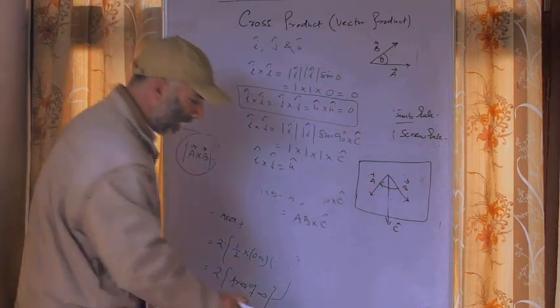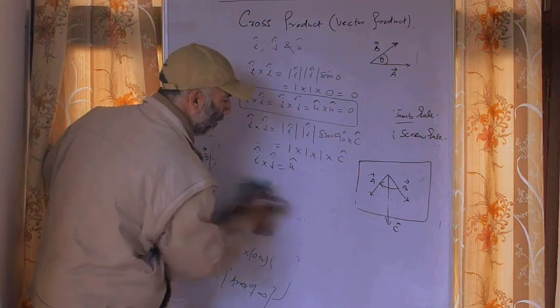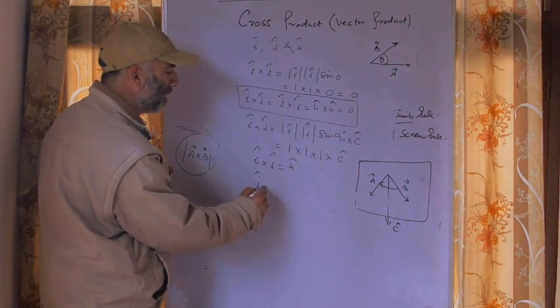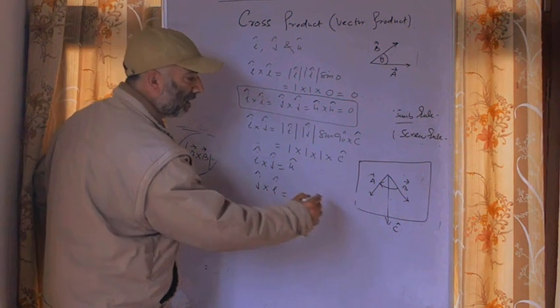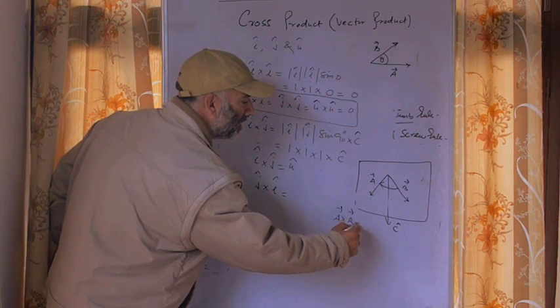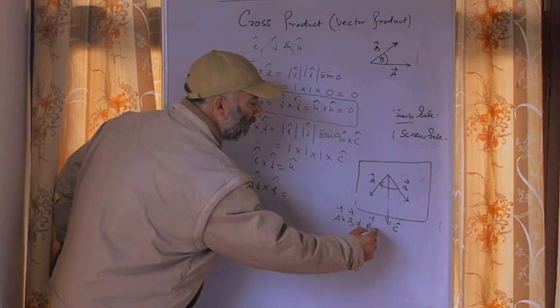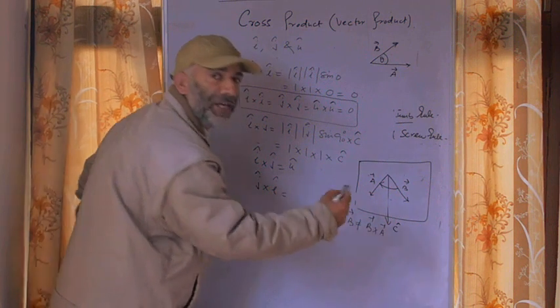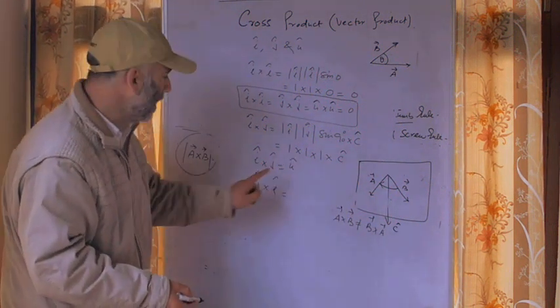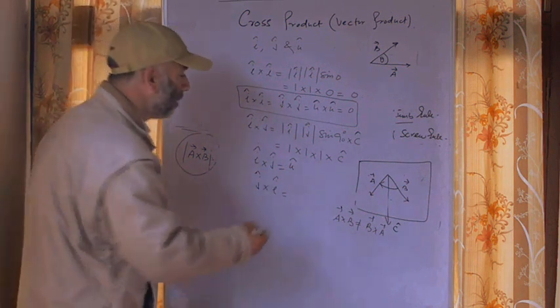Similarly, can you tell me what j cross i will be equal to? Since I talked about last time that a cross b is not equal to b cross a, because the cross product is anti-commutative, here i cross j is equal to k, so j cross i will be equal to minus k.